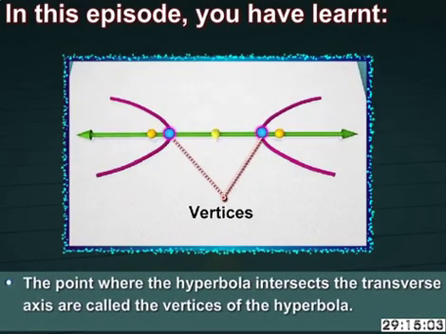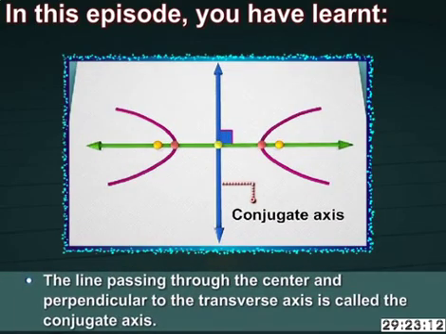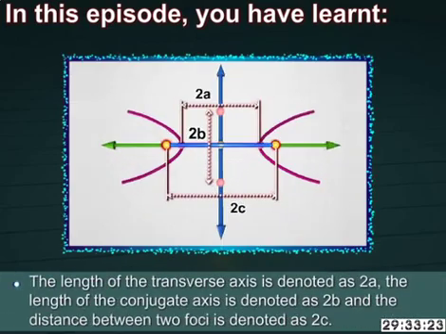The points where the hyperbola intersects the transverse axis are called the vertices of the hyperbola. The line passing through the center and perpendicular to the transverse axis is called the conjugate axis. The length of the transverse axis is denoted as 2a. The length of the conjugate axis is denoted as 2b, and the distance between two foci is denoted as 2c.